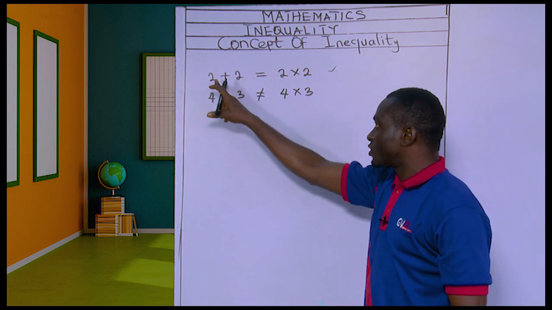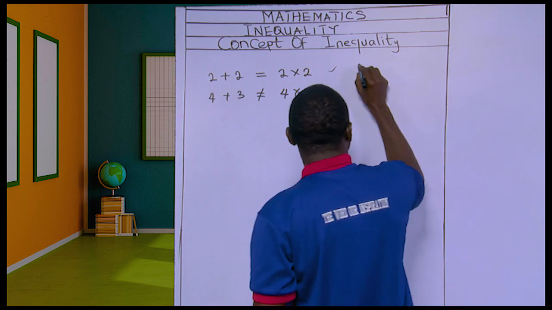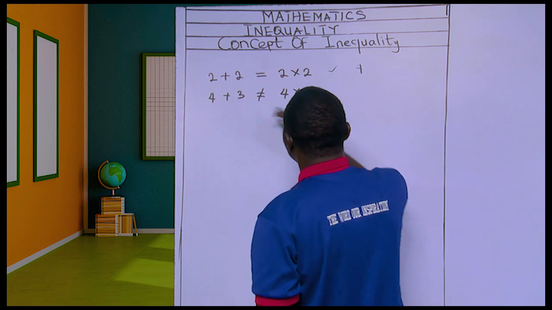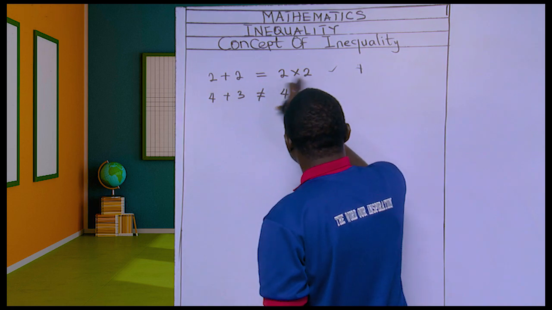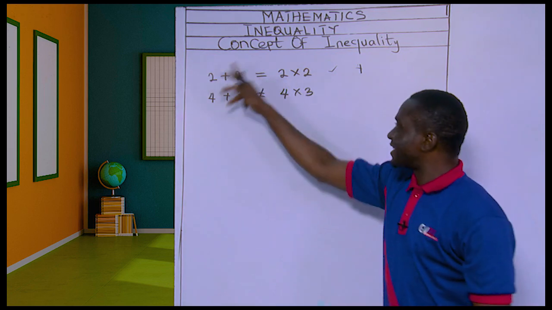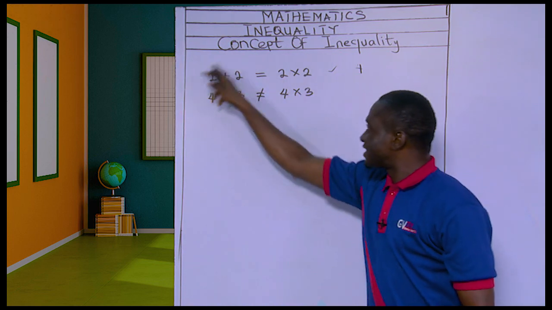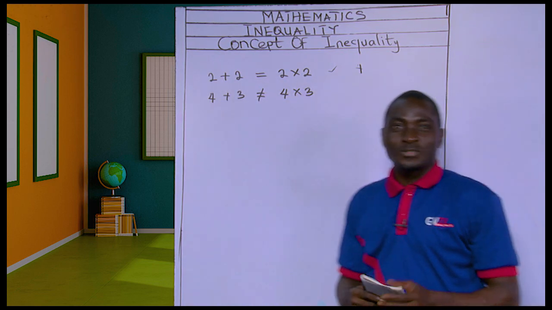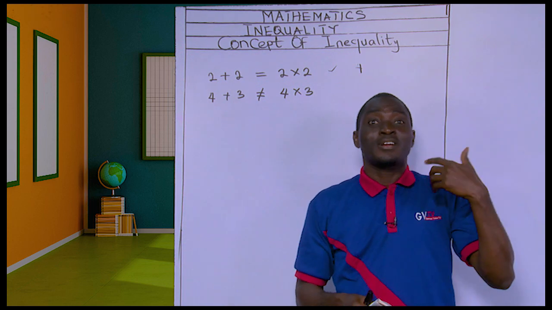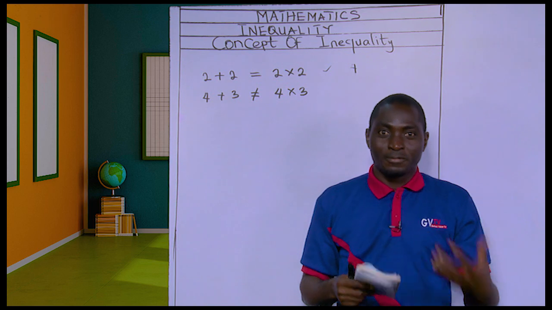The sum of 2 and 2 gives 4. The product gives 4 as well. So this side is equal to this side. So we refer to this as an equation. That is where the word equation in mathematics comes from.